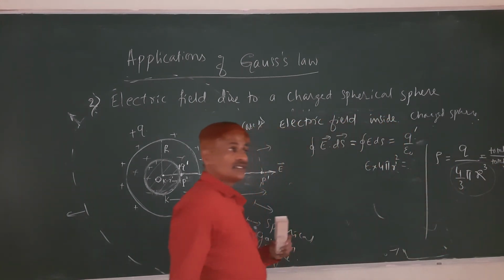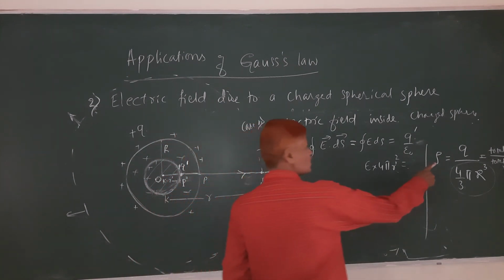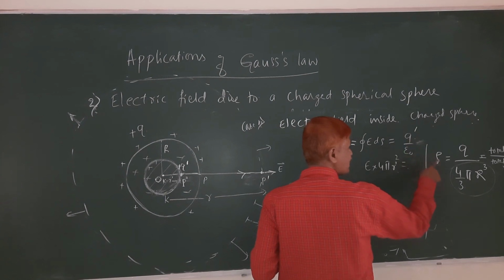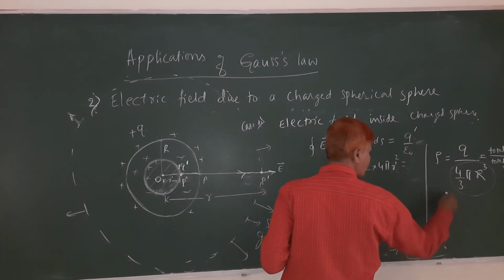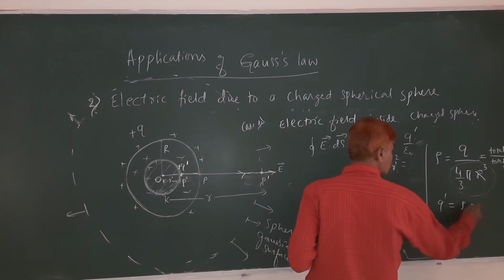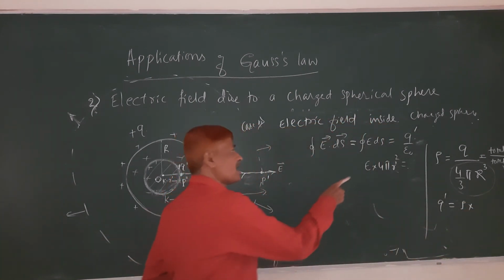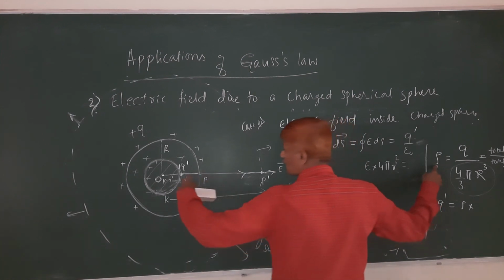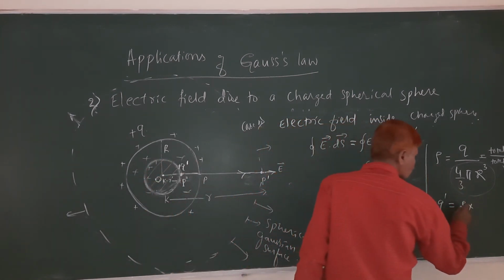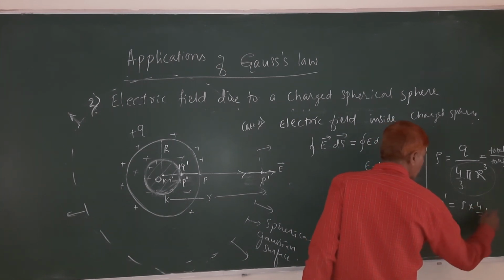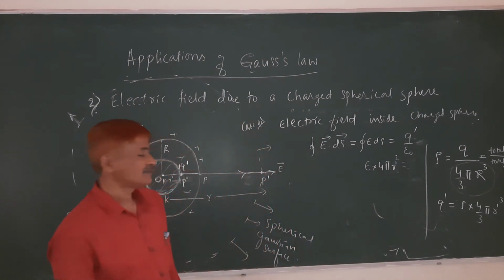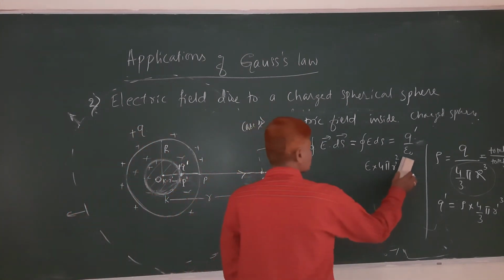Now I will write Q is this. For Q dash, it is rho into, this is charge per unit volume, the volume of this inner sphere, so 4 by 3 pi r dash cube. This is Q dash.